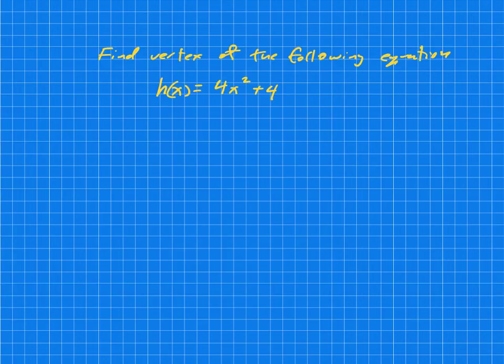So the idea is to find the vertex of the following. I'm going to go ahead and use h of x equals 4x squared plus 4x minus 5.